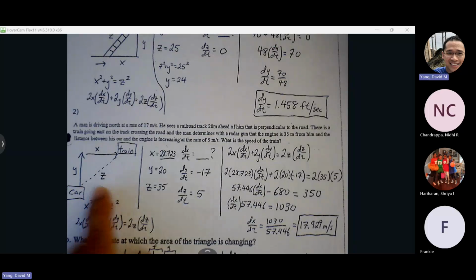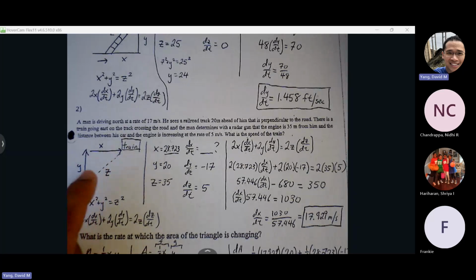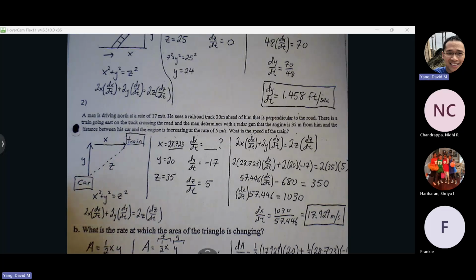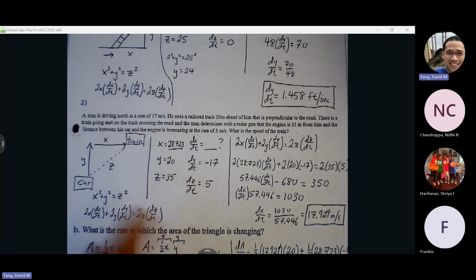As the car is nearing the intersection and the train is moving away, the difference here is that all three variables are changing. So it's not like the ladder problem where one is holding constant. Y is decreasing, X is increasing, and then Z is changing as well.